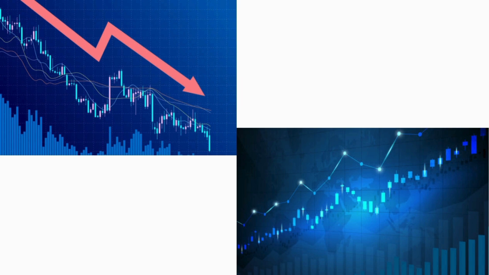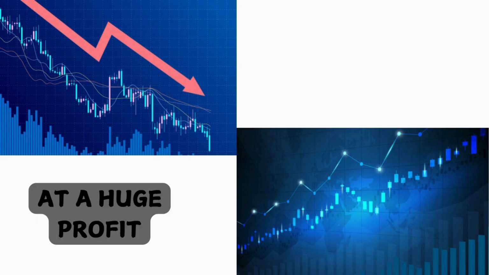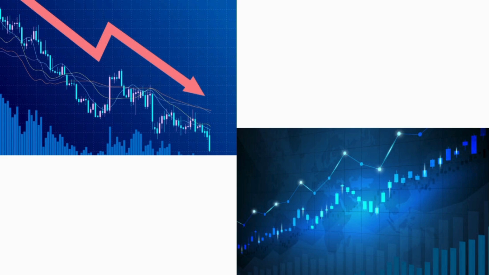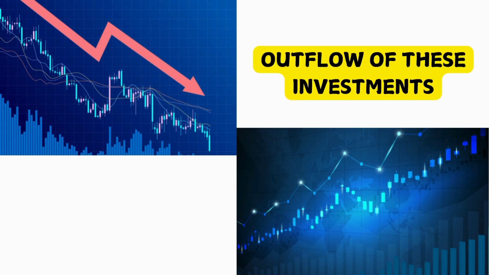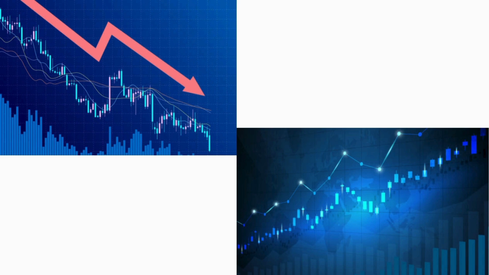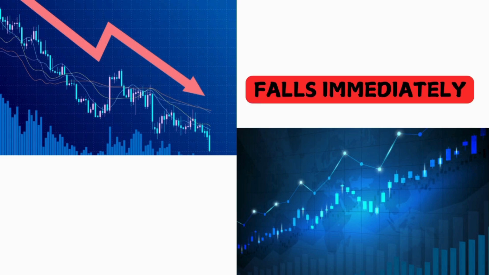And when these foreign investors sell their stocks, they sell at a huge profit. But the people who suffer the most from this outflow of investments are the citizens of developing countries who invest in their home countries' stock markets, because the portfolio value of these investors falls immediately when foreign investors sell their stocks without any warning.